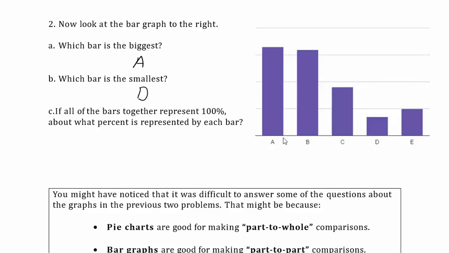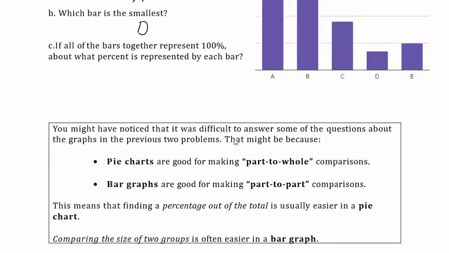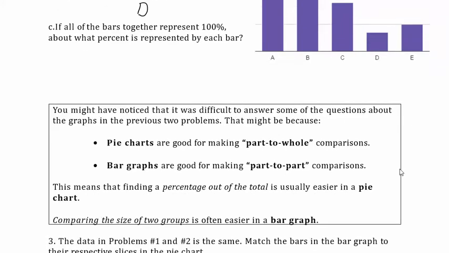So whatever you guessed, all your guesses again should add up to 100%. And whatever you guessed, I'll take a look at and make some comments on your homework. But what we're trying to illustrate here is that you might have noticed that it was difficult to answer some of the questions about the graphs in the previous two problems.